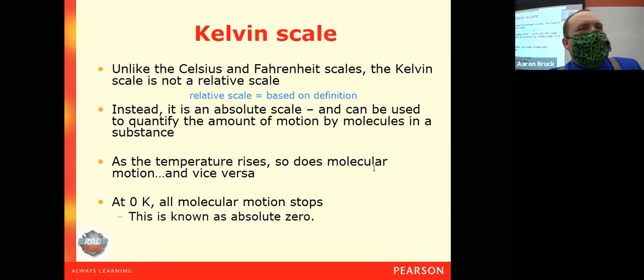So relative scales are not necessarily a bad thing. But in this case, where we're talking about something that is related to energy, relativity is a little bit problematic because it introduces some interesting kinds of characteristics.